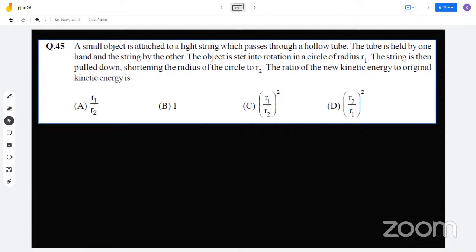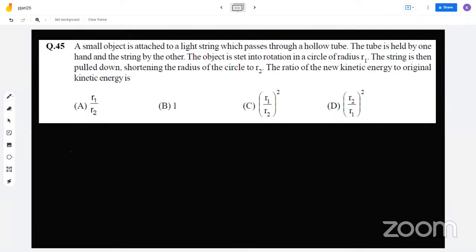What is the diagram here? We have a hollow tube, and through the hollow tube there is a string passing through it. A small object is attached to a light string which passes through a hollow tube. And it is rotating in a circle of radius r1 around it.